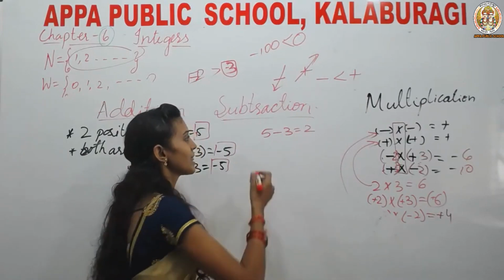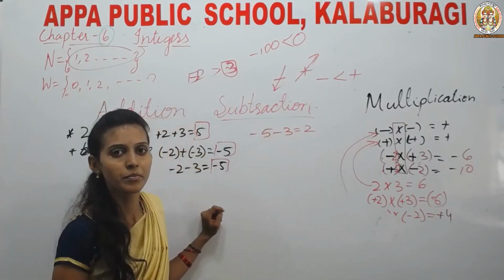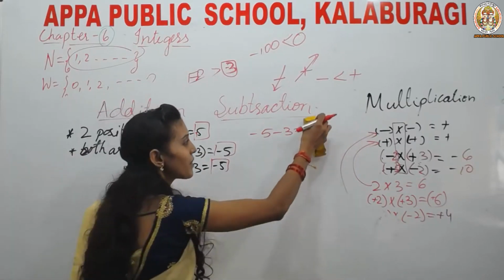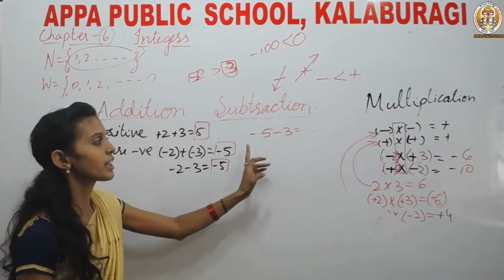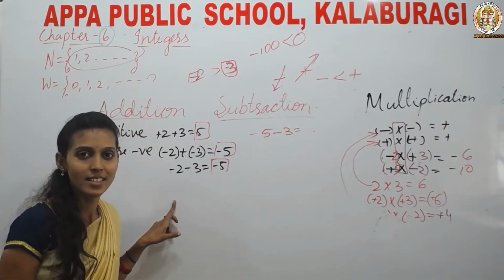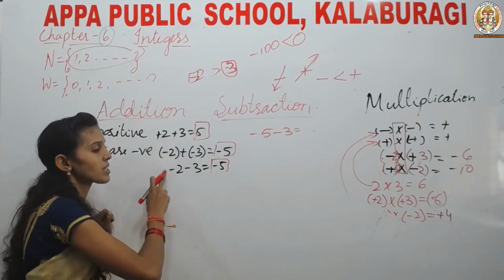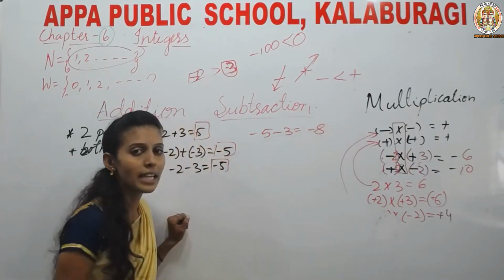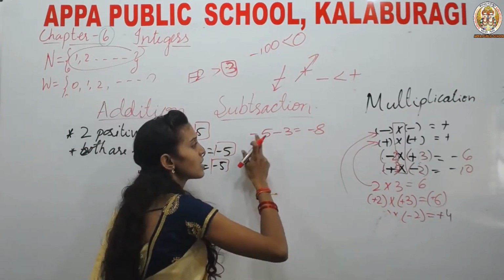If this is also negative, already we have done it here, isn't it? If both are negatives, it is not subtraction. It comes under addition. Okay, when numbers with the same sign come, it comes under addition. So we have to add it. So we'll get minus 8. 5 plus 3 is 8, minus.